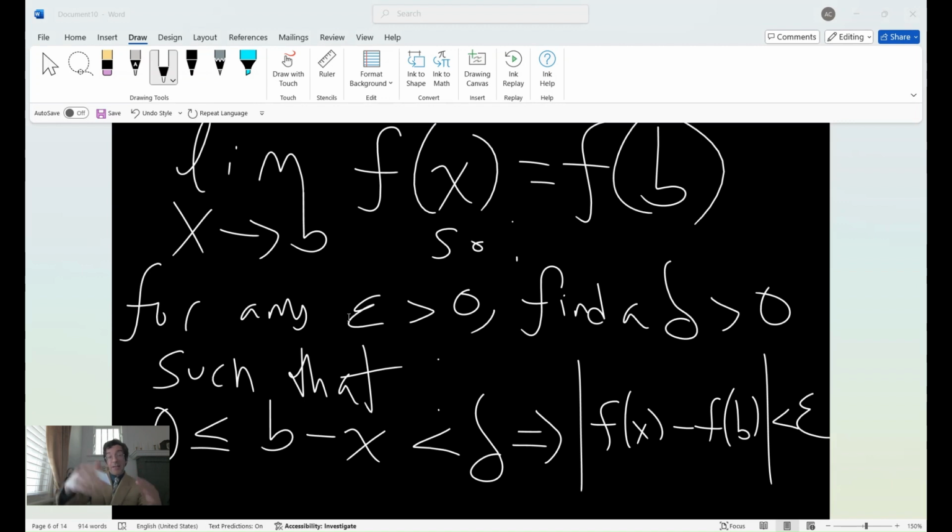And pretty much from this, what I'm trying to say is if you take a delta that's small enough, basically a would have to be less than b minus delta, and you would complete the proof there. You would have a union in the set. You would have f of a and b minus delta, also b minus delta and b. So that's why we said that those terms are comfortably, if we may use it, bounded.